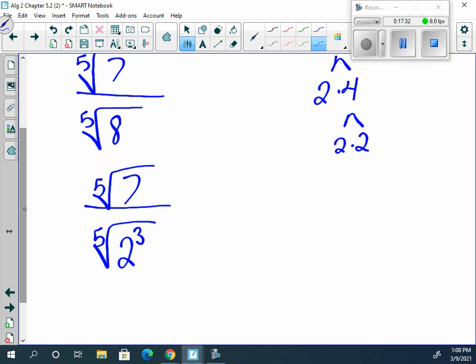Now, in the denominator, if I had 2 to what power would be nice? If I didn't have that 3, what would be a better number to have than 3? 5, because if I had 2 to the 5th, the 5th root and 5 would cancel out, yes? Okay.